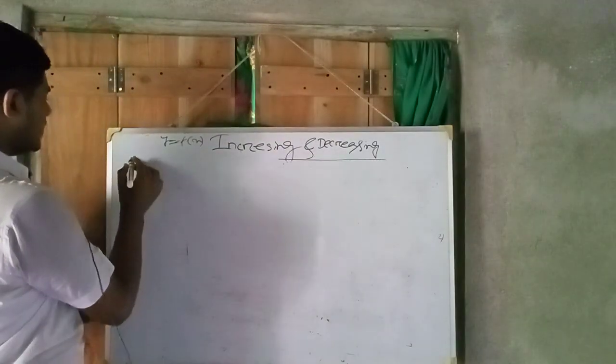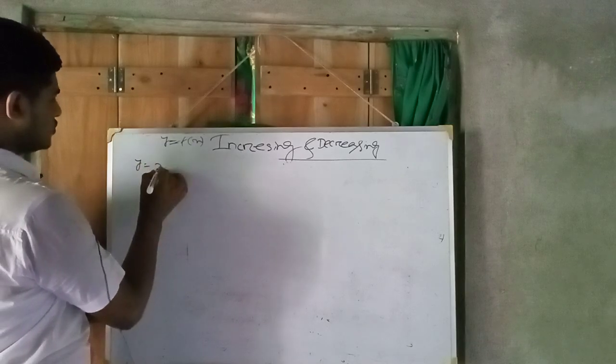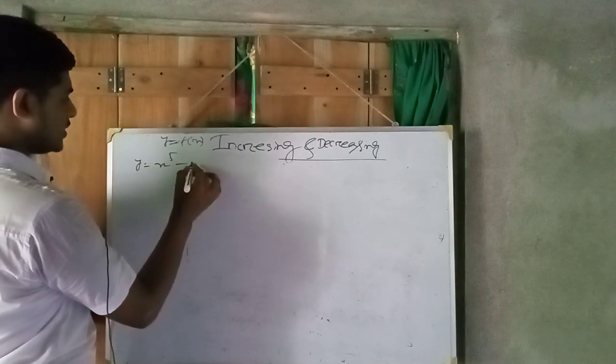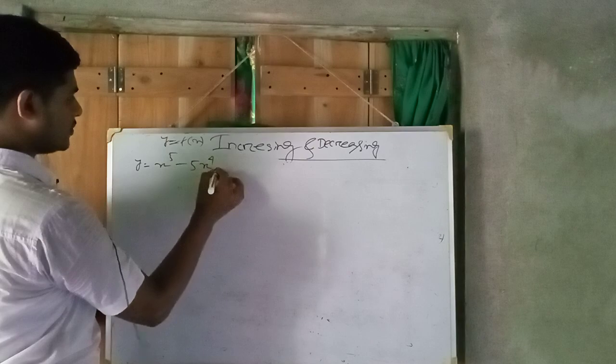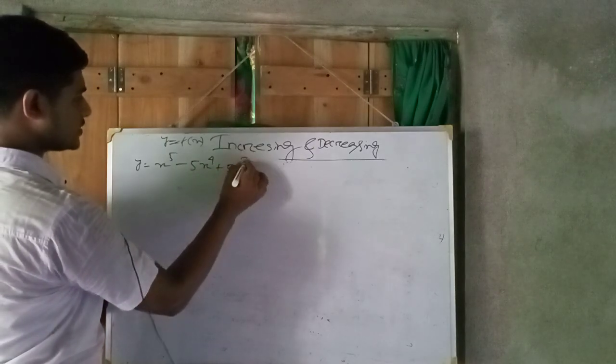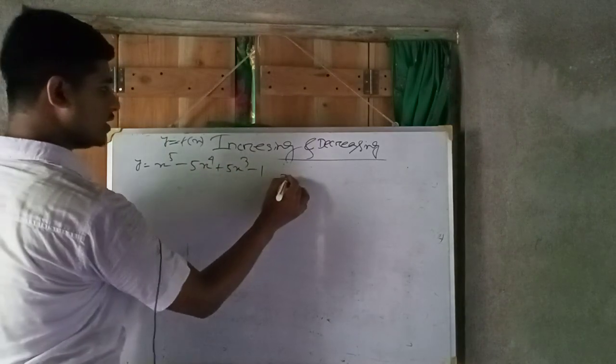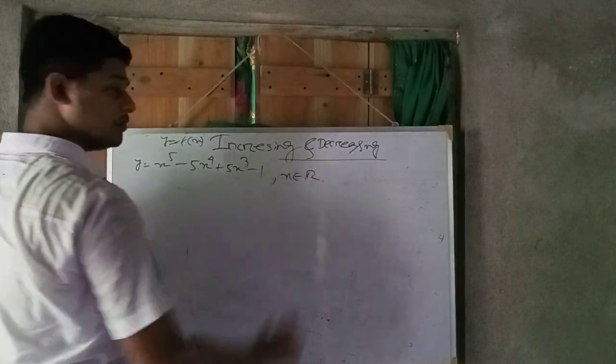Let's see. Suppose y equals x to the power 5 minus 5x to the power 4 plus 5x cube minus 1, x belongs to real numbers.